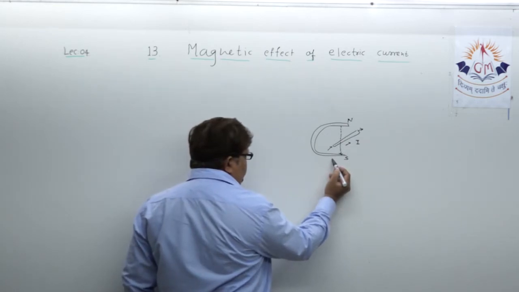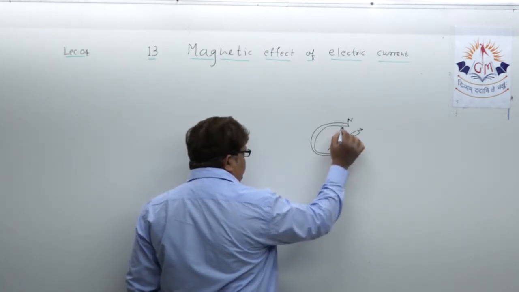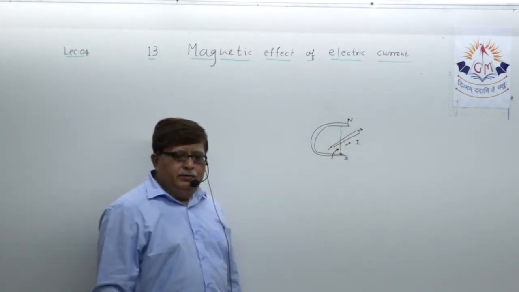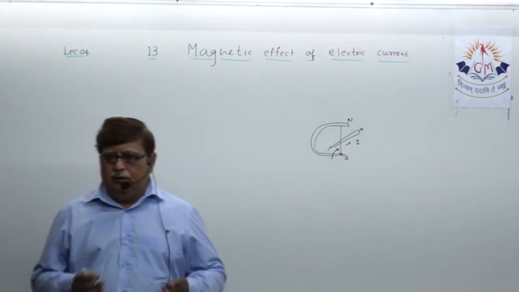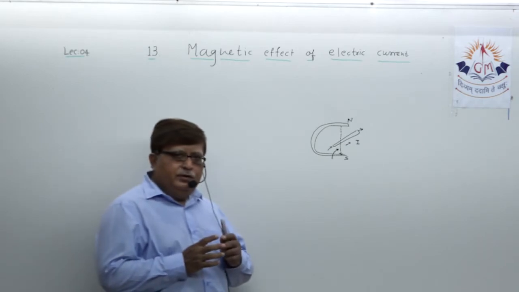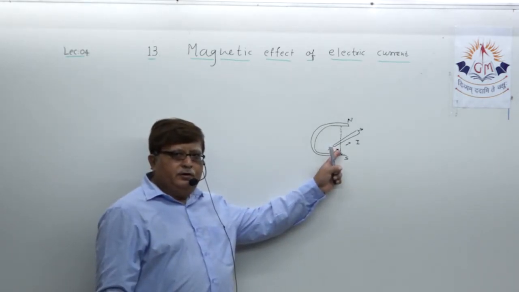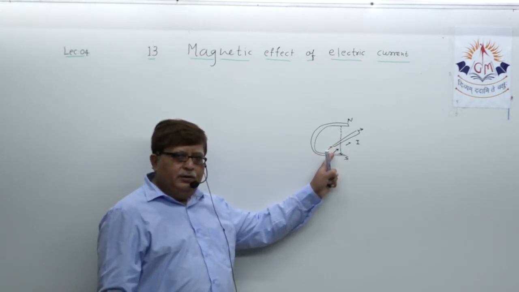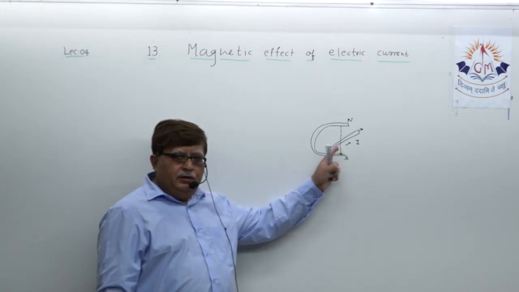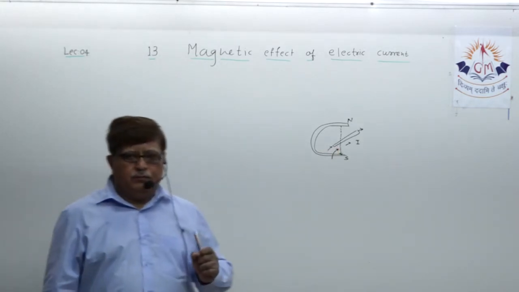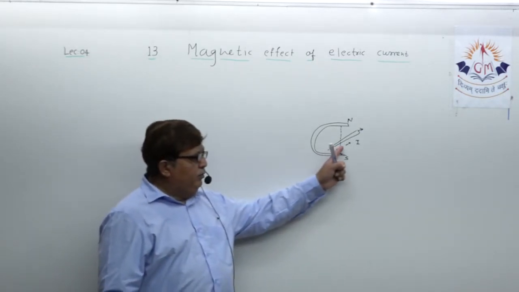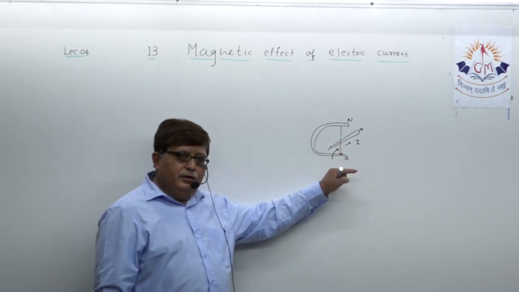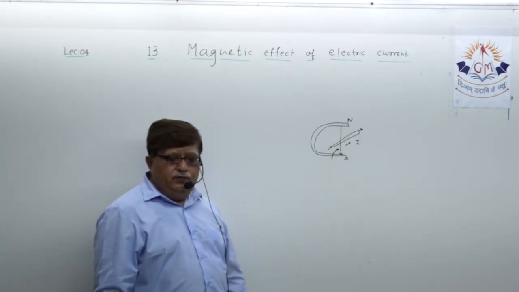So actually an interaction will take place between magnetism and electricity. And this experiment is explaining that whenever interaction takes place between magnetic field and electric current, what effect can be observed on the conductor which is already placed in the magnetic field of the magnet.